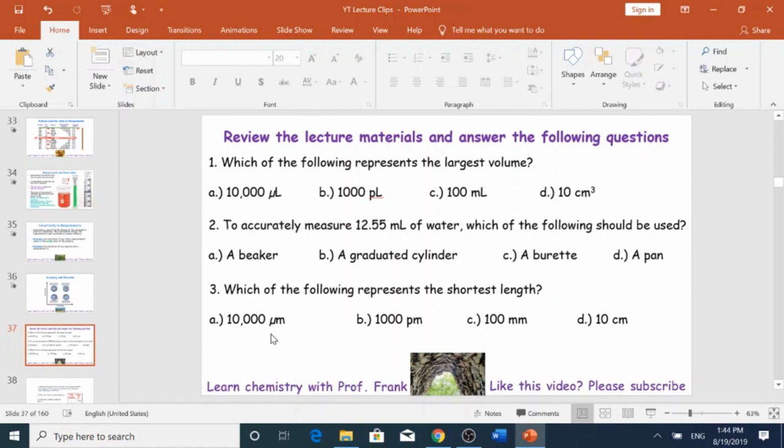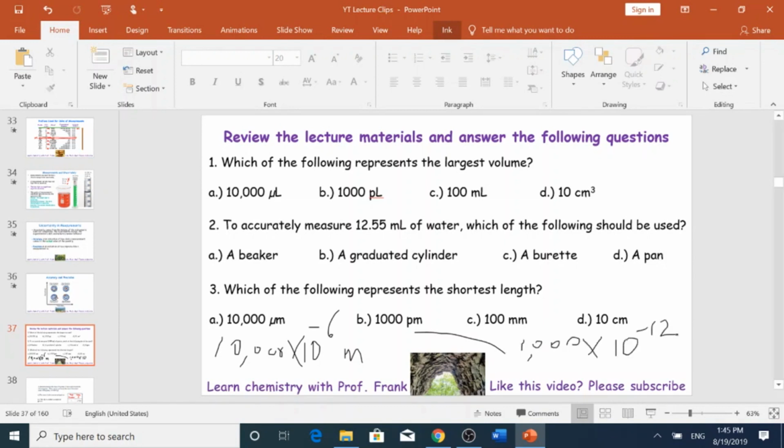Now, how about micrometer? Let's see. This is 10,000 micrometers, which means 10 to negative 6 meters each. And here, for B, we have 1,000 picometers, 10 to negative 12. 1,000 is 10 to the third, times 10 to negative 12, that's 10 to negative 9 meters.